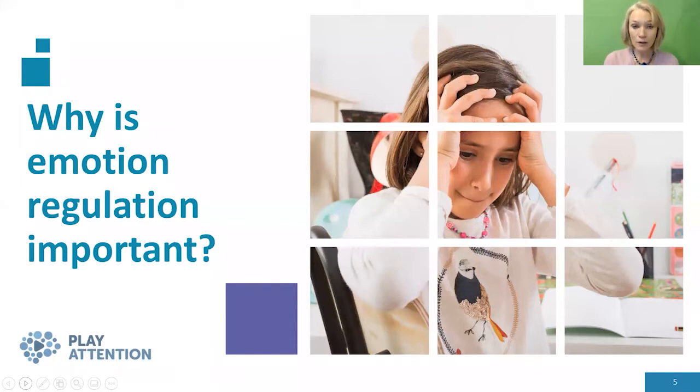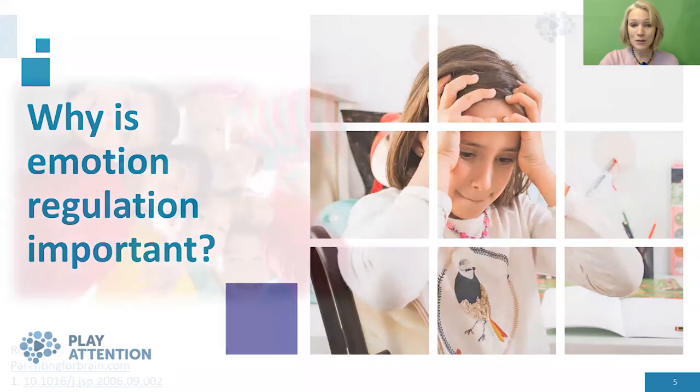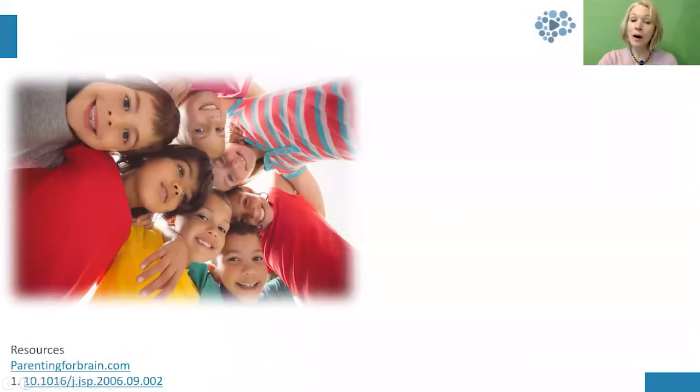Why is it important? There are a lot of reasons why this is important. And I'm going to say many times your child, but know that this is across the board. This applies to everyone from children to adults. So when I perhaps say your child, this applies to all ages, okay?